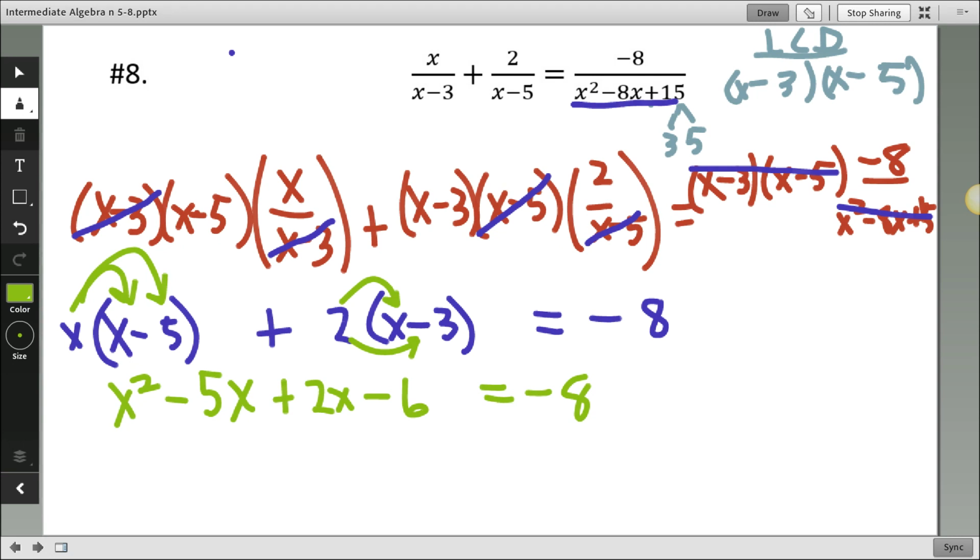Combine like terms. So in this particular problem, I've got like terms right here. So that's going to leave me with x squared minus 3x minus 6 equals negative 8. And we're not done yet. So this is actually a quadratic equation. So remember, for a quadratic, what we want to do is we want to get all terms on the same side.